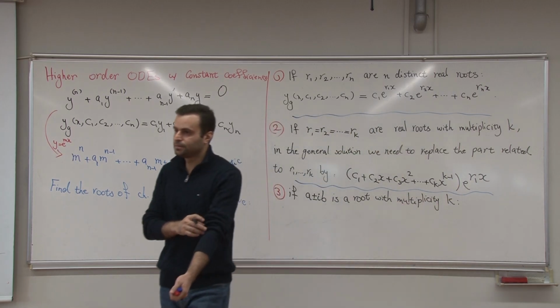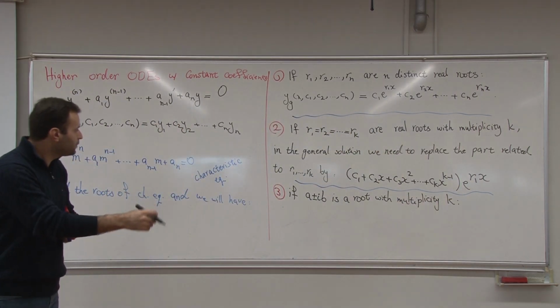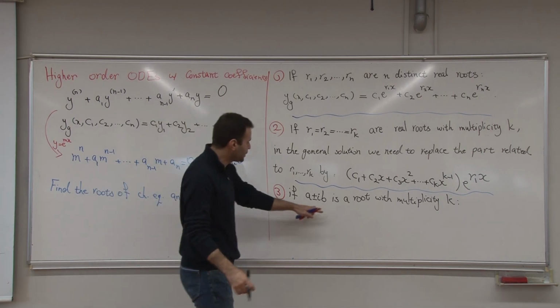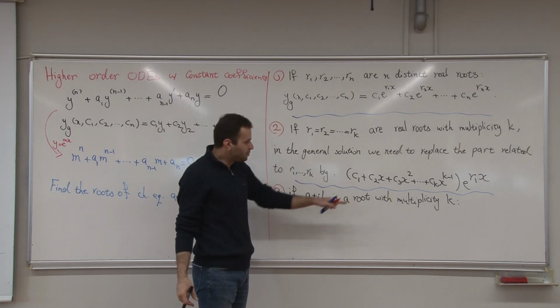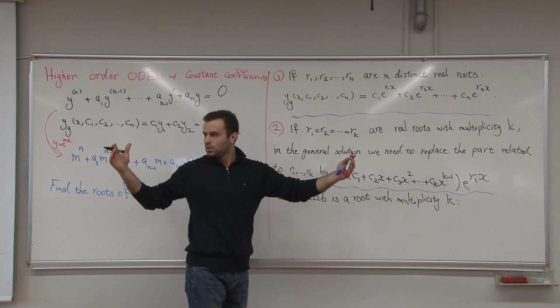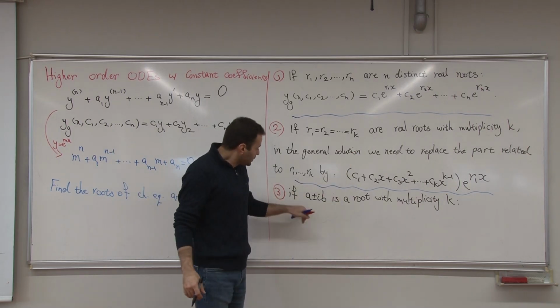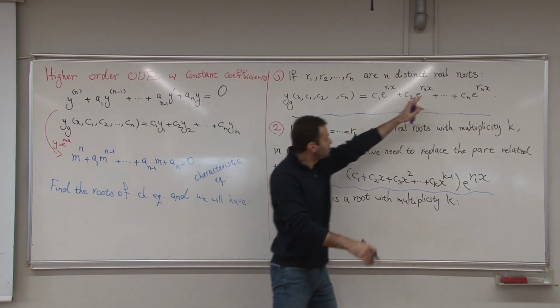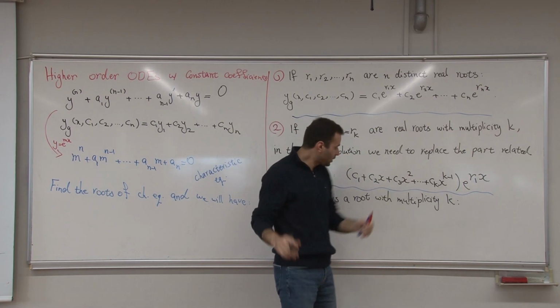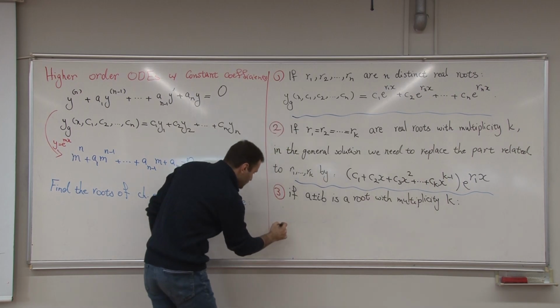Then what will happen? If you are finding these complex conjugate pairs and they are appearing k times, again, the place that is related to these, instead of that part, we're just going to write this.